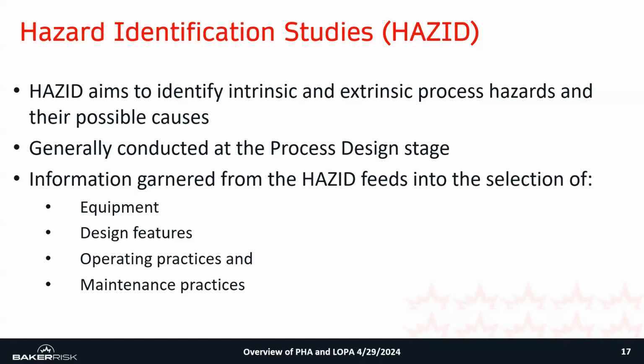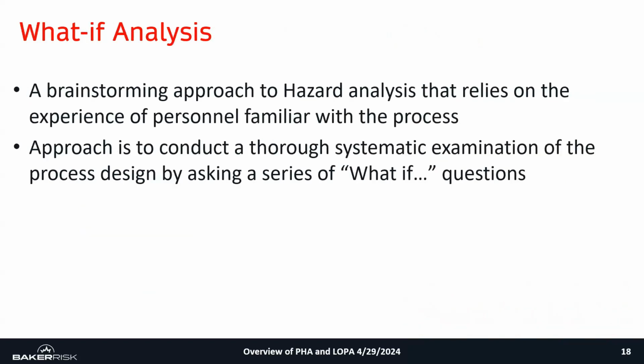The hazard identification aims to identify your intrinsic and extrinsic hazards and their possible causes. And the outcome helps the project team and PHA in selection of equipment, your design specifications, and your operating and maintenance philosophies, strategies, etc.